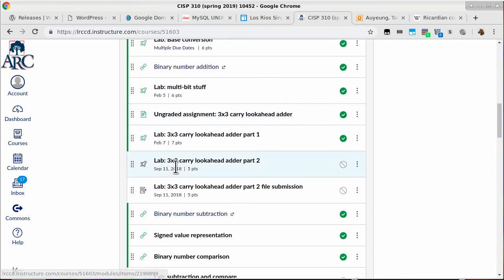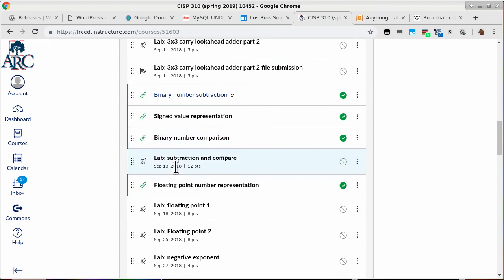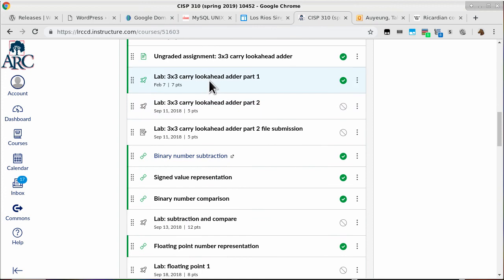All right, so let me just point out what our lab for tonight is going to be. It's right here: the 3x3 carry look ahead adder, part 1. There are several parts to it. For the most part, once you understand how to use a multi-bit gate and what a carry look ahead adder is, you should be able to do this. But before you even try, make sure that you can answer these questions.